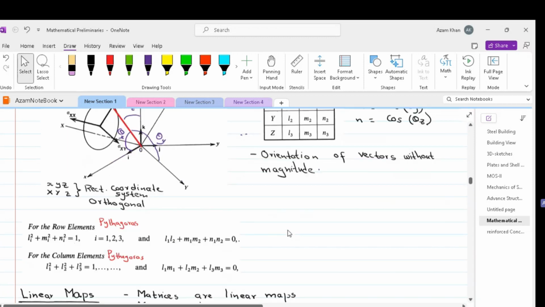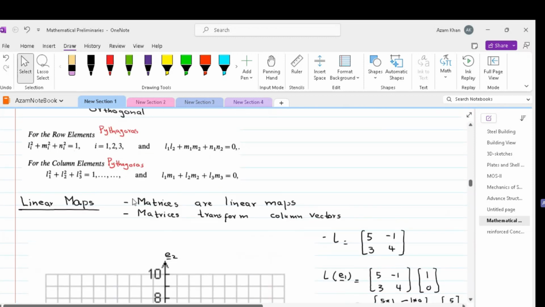Now, let us discuss another important concept which is called linear maps, and that is very extensively used in structural mechanics. Linear maps help us map one coordinate system to the other coordinate system. Linear maps are simply linear transformations or linear operators.